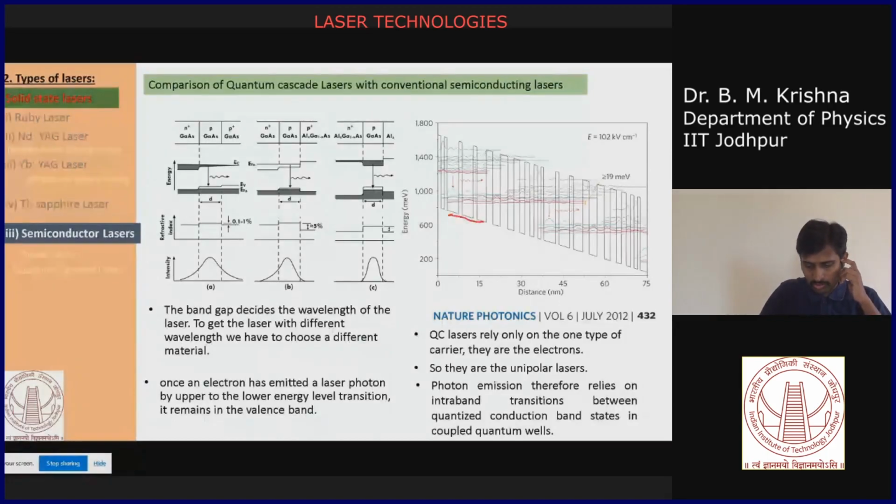You repeat the structure. This is one period, and you repeat these periods roughly 100 times to achieve your lasing condition. But still, as you see, these are in the nanometer scales, so ultimately your device will be in the micron scales.